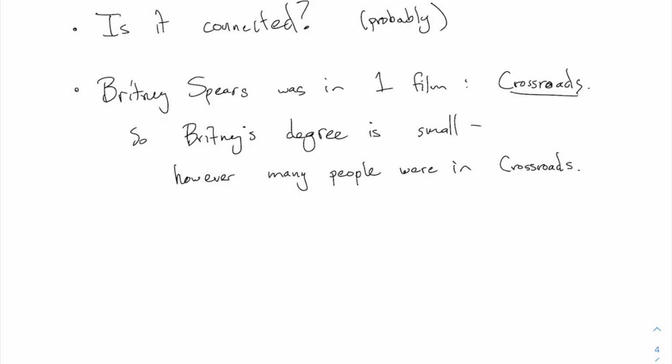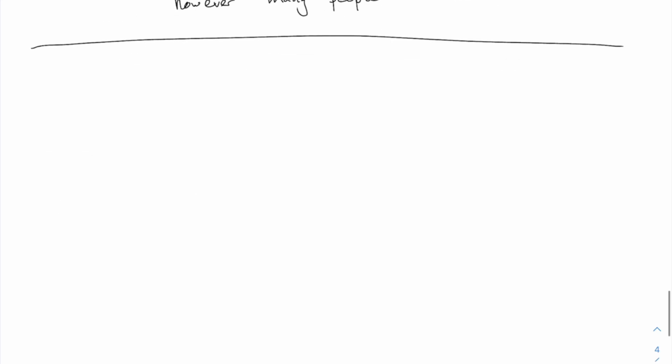Great. I got 2 more of these examples because I want everybody to get used to the idea of thinking about real-world scenarios and then translating them into graphs. I hope that you feel like none of this is really very technically difficult. All right. How about this? Let's say a graph where each vertex is a Fairfield University student.